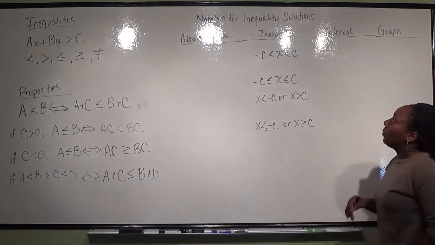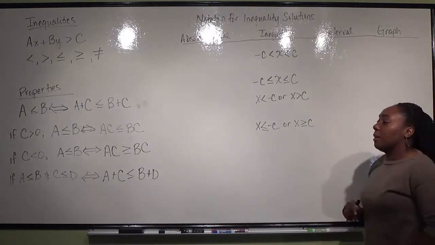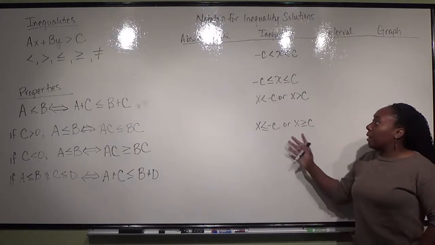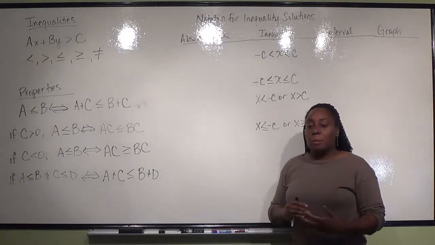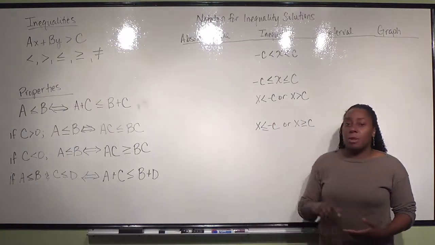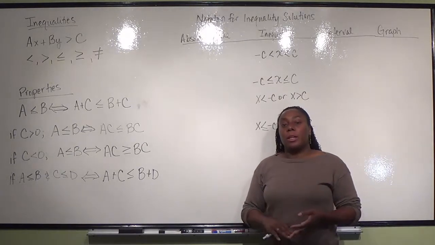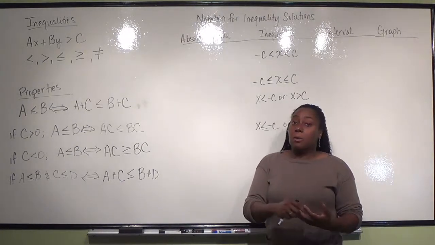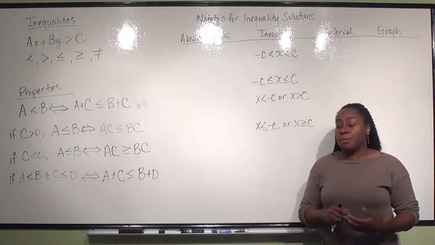Over here we'll talk a little bit about the notation for inequality solutions. And I've started by writing up the inequalities because in most cases you may be asked to solve an absolute value and it'll turn out to be one of these inequality notations. You could be asked to put that in any of three forms: the inequality, the interval notation, or the graphical notation.